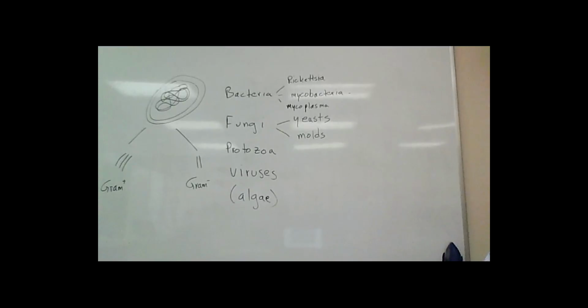Viruses are too small for the most part to see with a microscope. You need an electron microscope to be able to see viruses. Viruses also are very, very simple organisms.